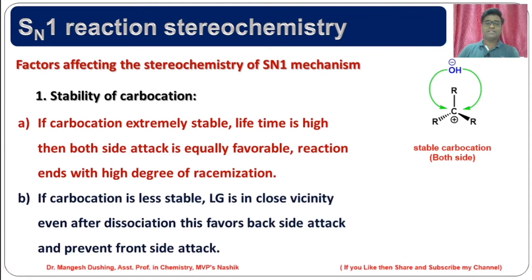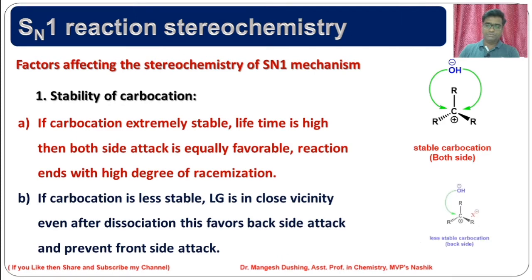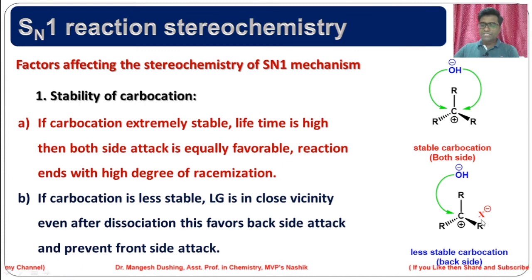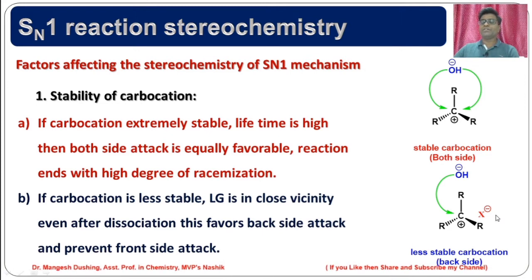If the carbocation is less stable, then the leaving group is present in close vicinity. So even after the dissociation, this favors the backside attack and prevents front side attack. For example, in this case the carbocation is very less stable. So what will happen? After breaking of the C-leaving group bond, the leaving group does not go away from the carbocation. It remains in close vicinity.